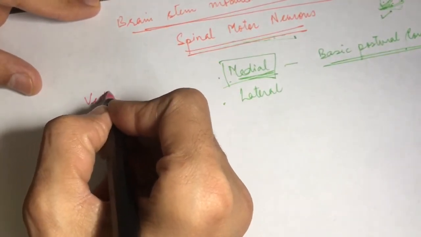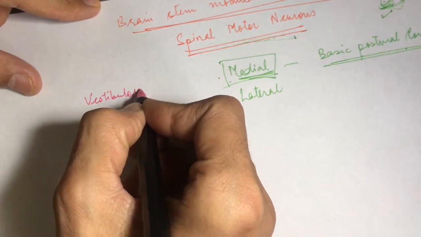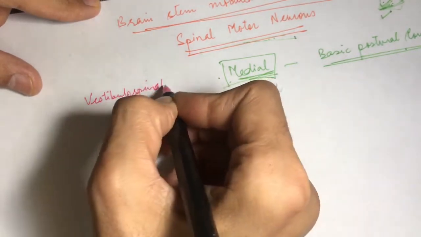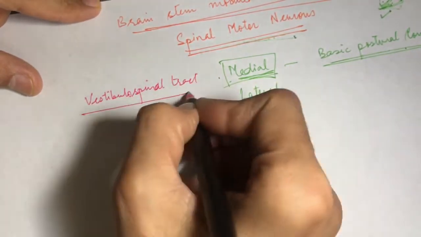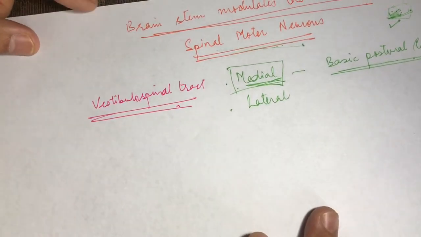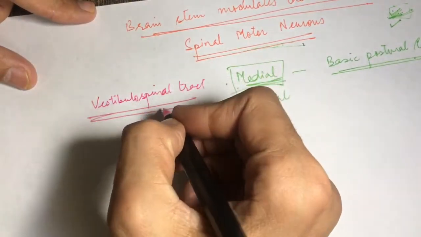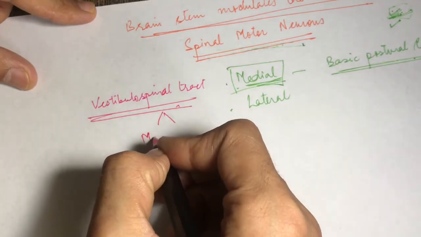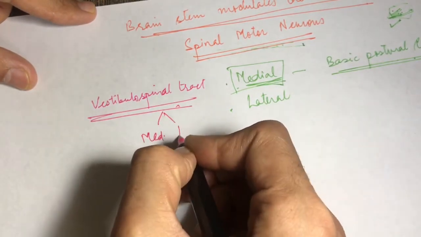One is the vestibulospinal tract, which is further divided into medial and lateral.